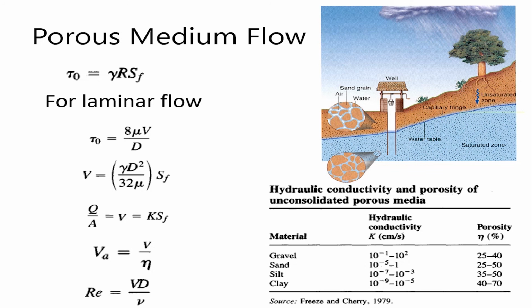So flow will be more in gravel, followed by sand. You can see that hydraulic conductivity is very high for gravel, followed by sand, and for clay it is very small. Small hydraulic conductivity means the ability to flow through that medium is small.